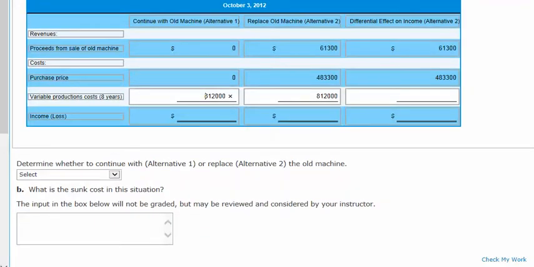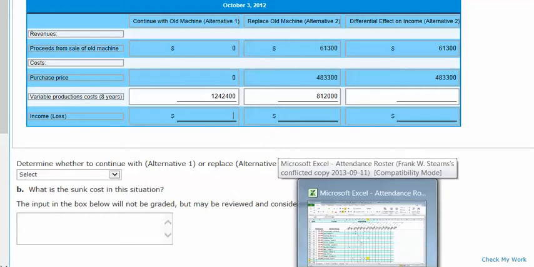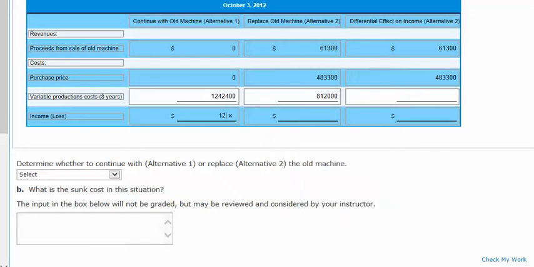So I get, it looks like $1,242,400. So my total costs under the old plan, continuing with the old machine, is $1,242,400.